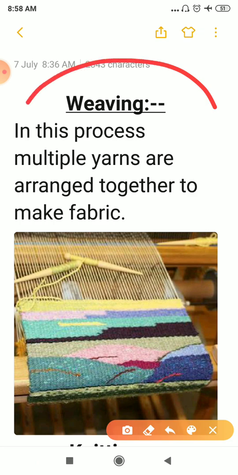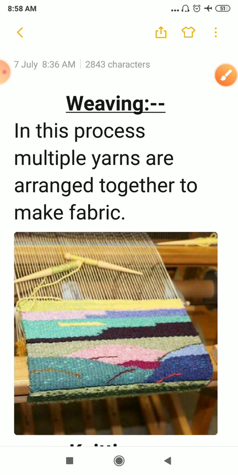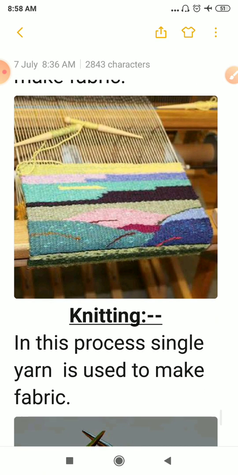Here you find weaving. In this process, multiple yarns are arranged together. You can do one activity. Whenever you search at your house, you can find a small piece of cloth, and when you see it, you will find that the yarns are arranged in a special manner like this.